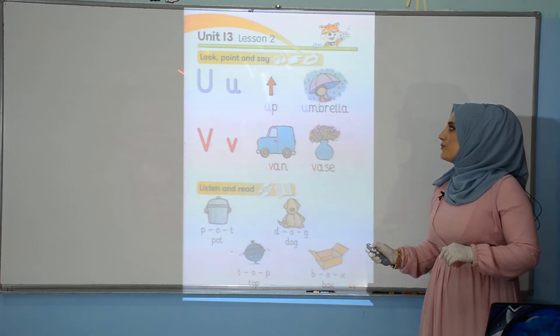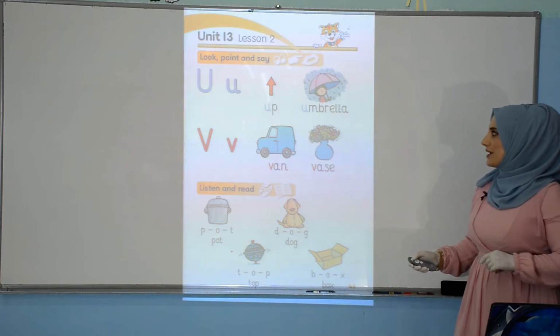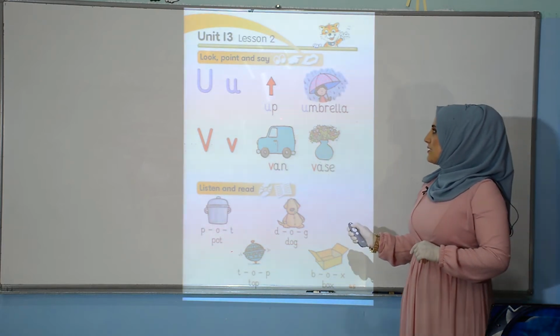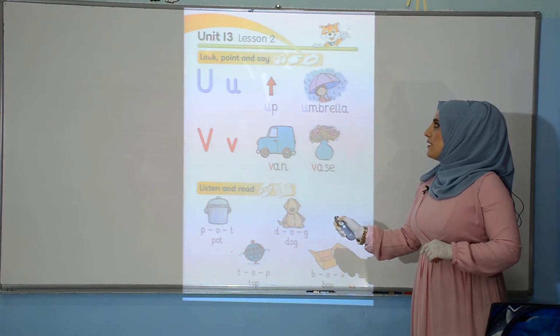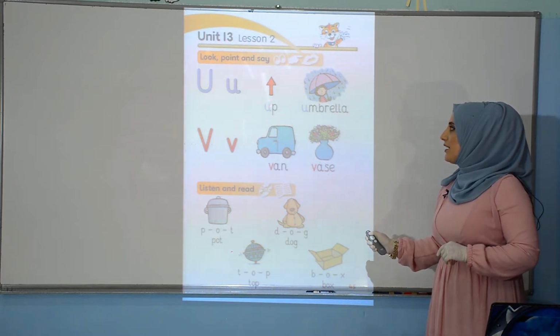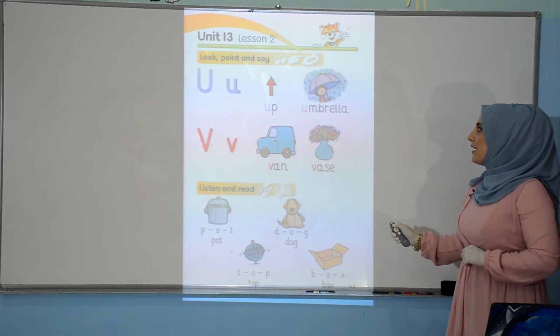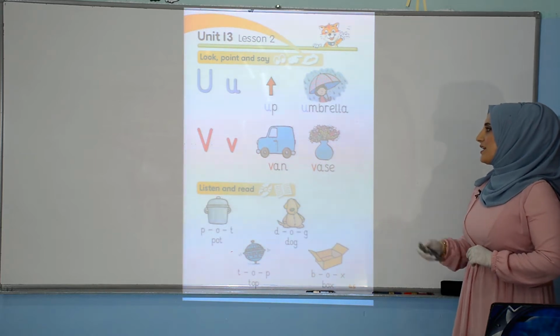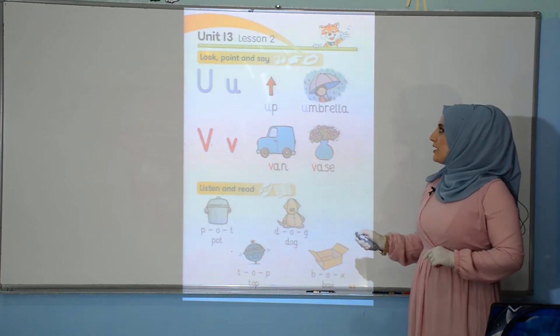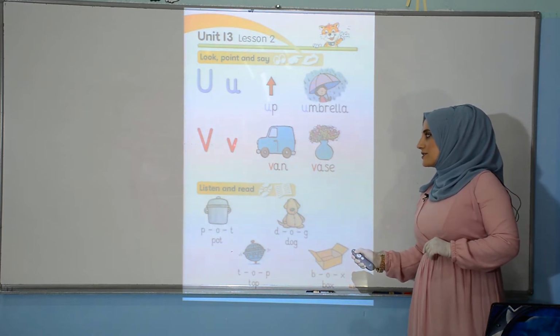For both of them we say u, okay? And let us read the words. Up, umbrella, umbrella. Okay, well done. Now go to letter V, capital V and small v.